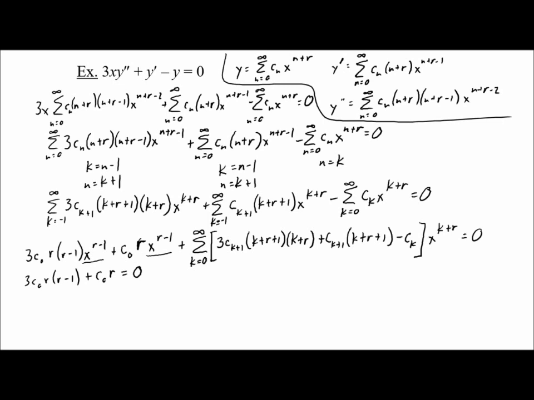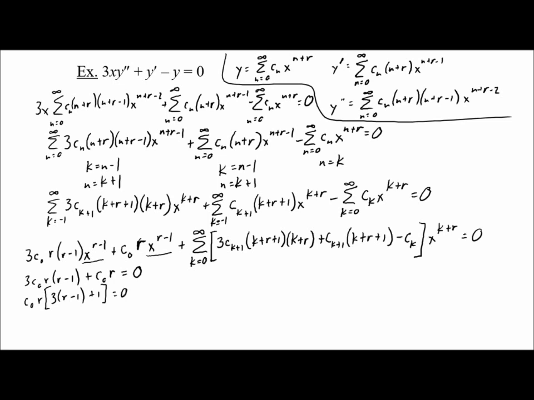And that's the coefficient for x to the r minus 1, and that's equal to the corresponding coefficient on the right side of the equation, which is just 0, because they're all zeros. Let me factor this out. We can factor out a c0 and an r. And we're left with 3 times (r minus 1) plus 1.